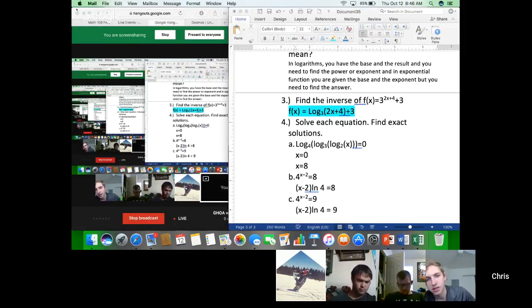Because we don't have an inverse equal to an inverse. You can't just divide it out. Do you know, Chris? I can't figure it out.